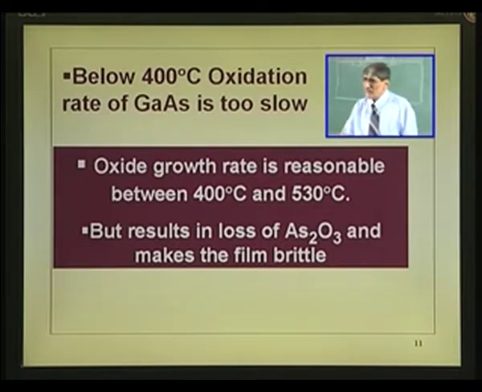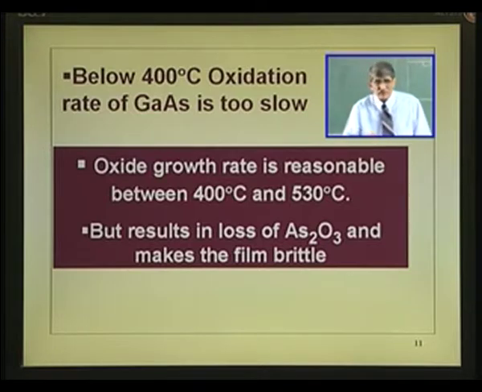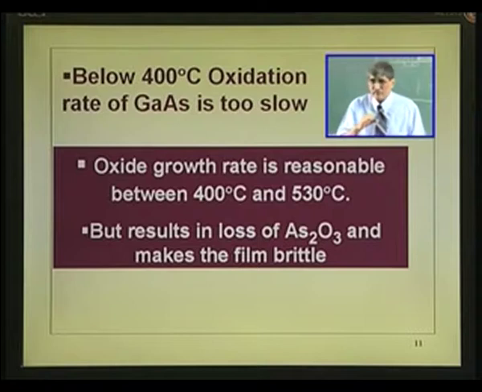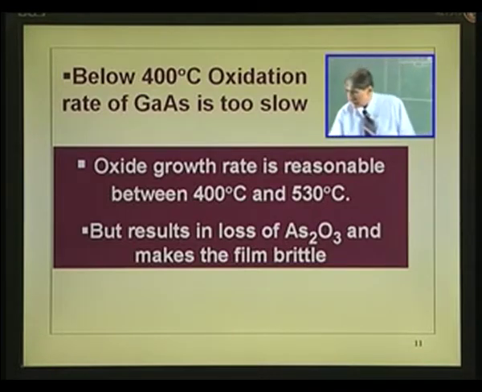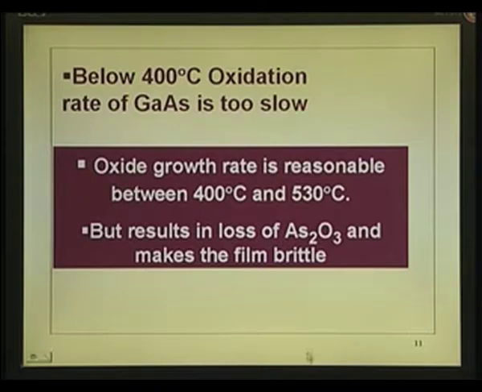That is non-stoichiometric oxide. That particular oxide is brittle and also it is leaky, its band gap is low, not as high as silicon dioxide. Silicon dioxide, what is the band gap? 8.8 electron volts, it is much lower than something like 4 or 5 electron volts. So, that is why the film is brittle and leaky.